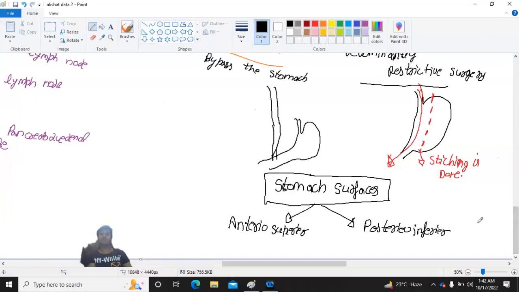So the stomach is like this, slightly tilted. Let's say this is the stomach, so it is tilted. This is the anterior superior surface, and the posterior inferior.